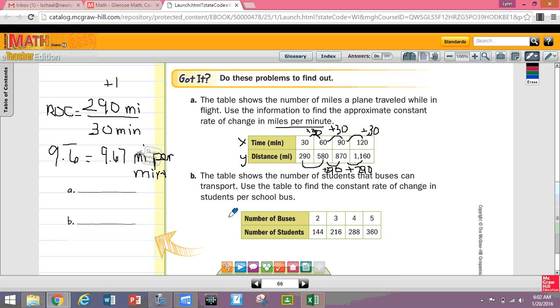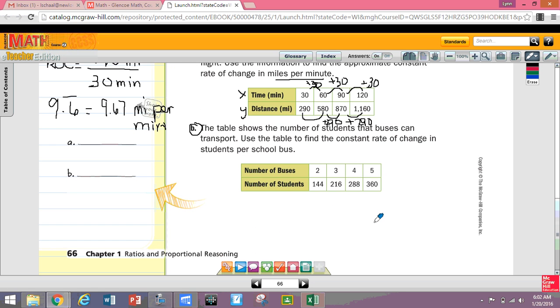So what I would like you to do is pause the computer and do B on your own. Pause the computer and do B. Okay, so your constant rate of change, and I'm going to put it over here so I have more room, is my change in y over my change in x. This is x, this is y. And it says students per school bus, so you know that this is y then.